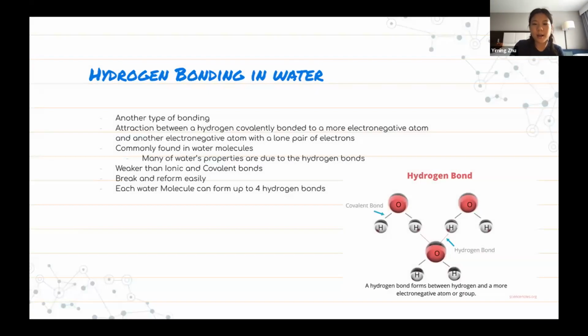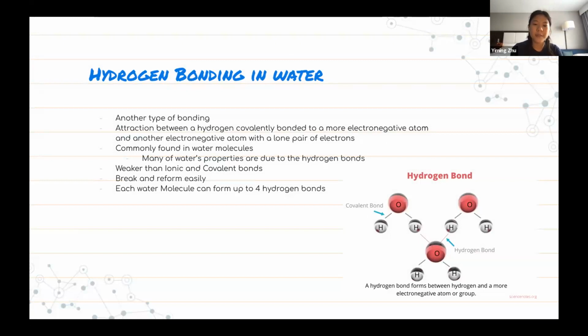All right, so hydrogen bonding in water is pretty important because, to repeat what I said in the previous slide, it's basically a hydrogen covalently bonded to a more electronegative atom. Again, we talked about electronegativity on the first day of this class.